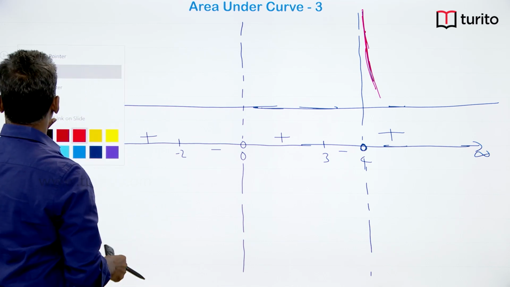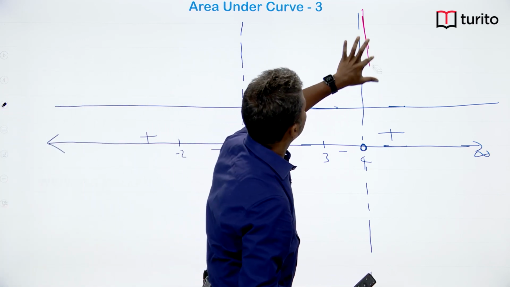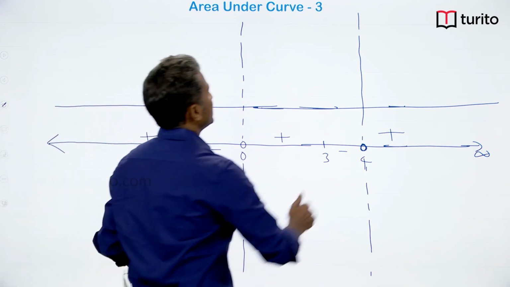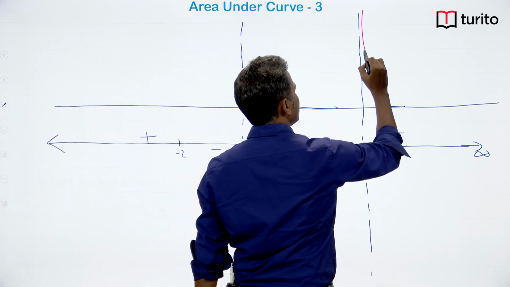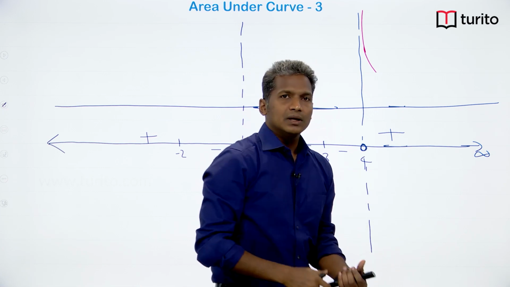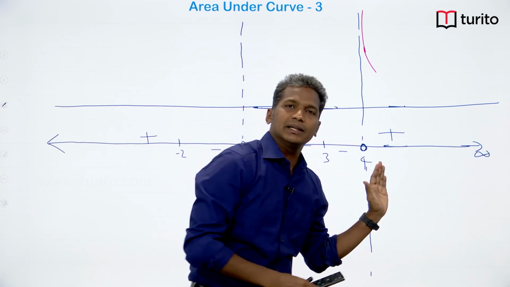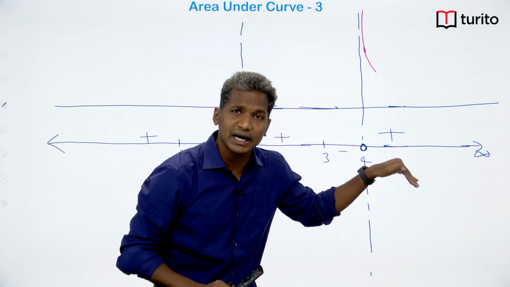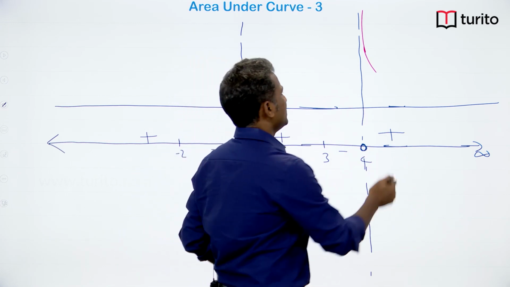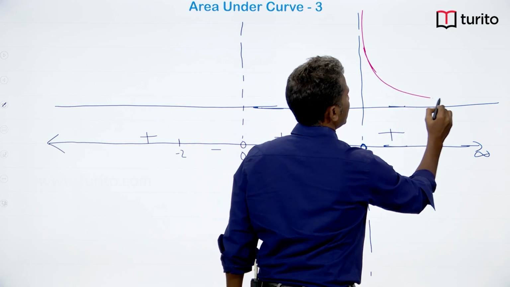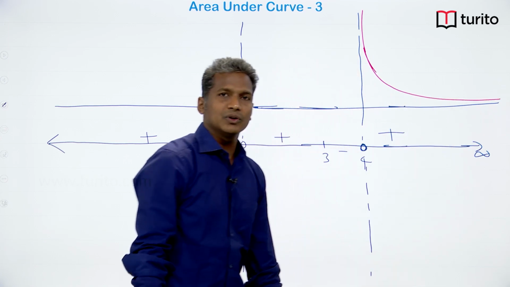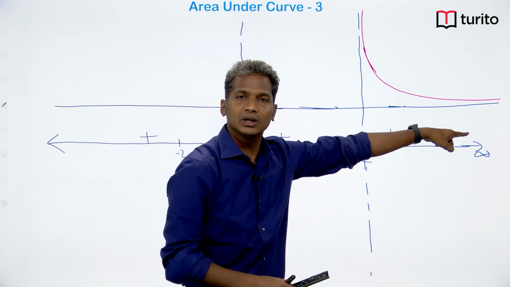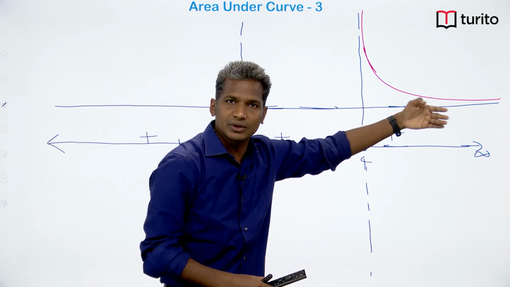Okay. Now what about this part? The graph is starting from plus infinity, right. Now throughout this region, the value is only positive, that means the graph cannot cut the x axis. So this must be tending to this line, because the horizontal asymptote says that the curve must tend to the line.